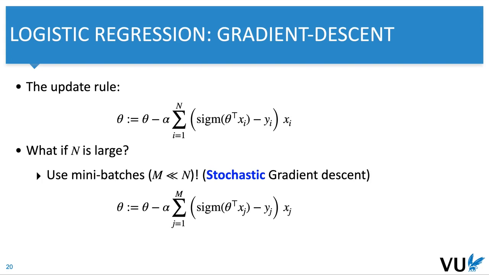But of course, if n is a large value, so we have thousands of images, for instance, or thousands of messages, it could be extremely slow. And here is another very important and interesting concept. It's called mini batches, so stochastic gradient descent. We assume that we just follow gradients with much smaller batches.